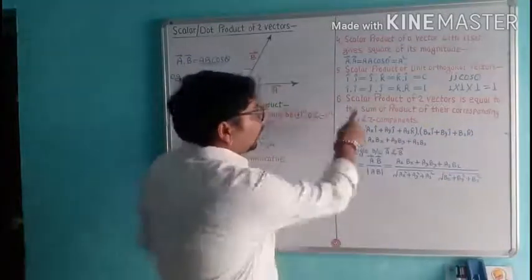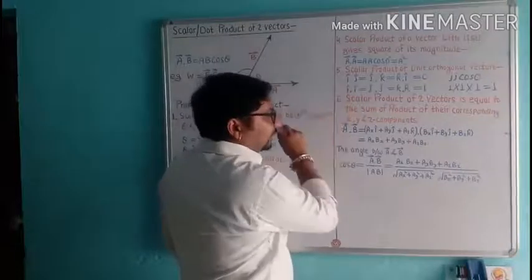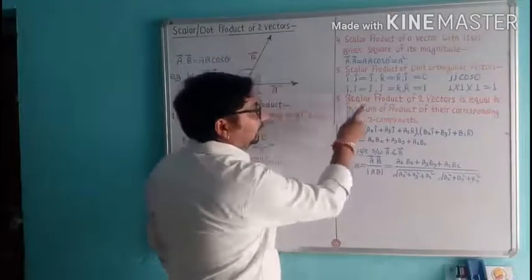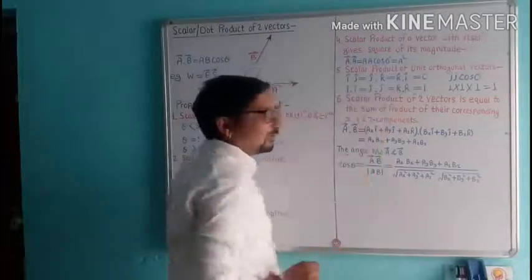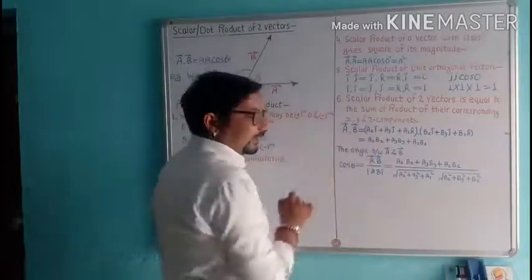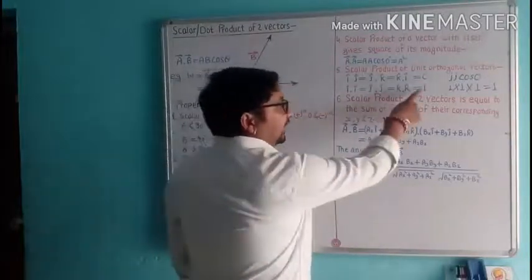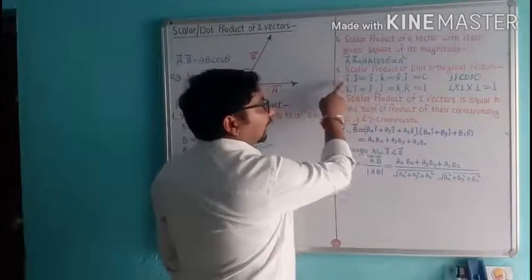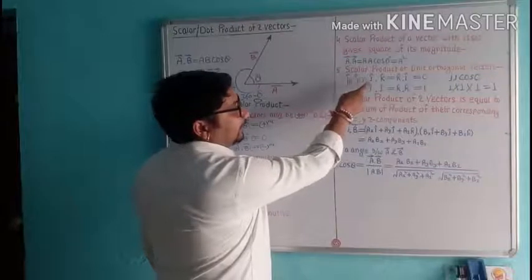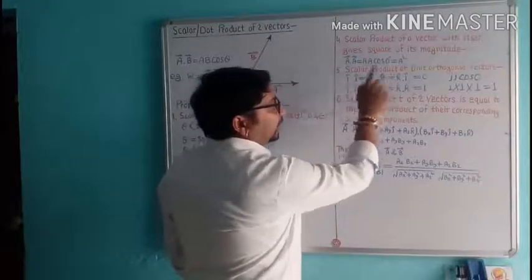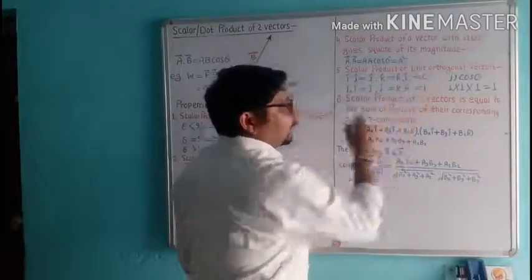Using these, we multiply only i cap with i cap, j cap with j cap and k cap with k cap, because they give 1, and we leave the terms like i cap dot j cap, j cap dot k cap or k cap dot i cap, because these give 0.